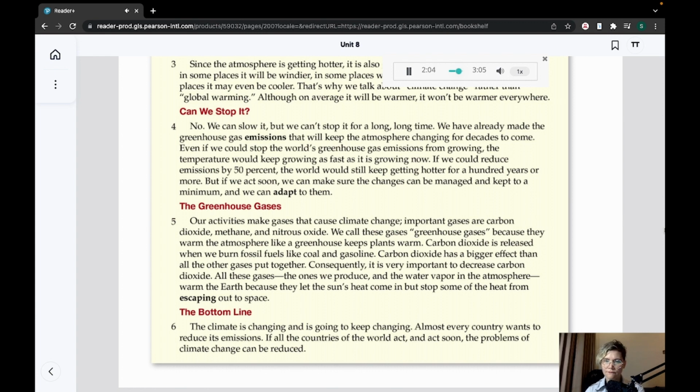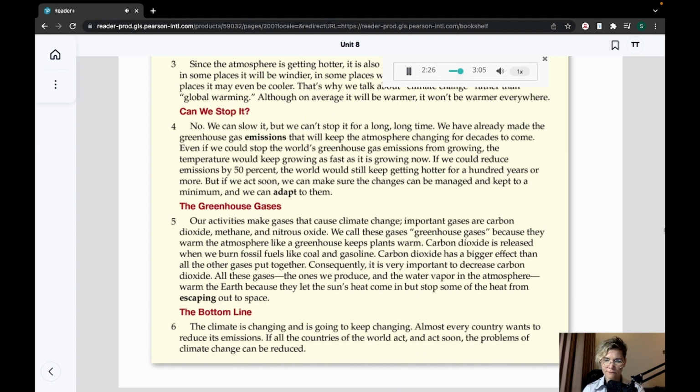Carbon dioxide is released when we burn fossil fuels like coal and gasoline. Carbon dioxide has a bigger effect than all the other gases put together. Consequently, it is very important to decrease carbon dioxide.